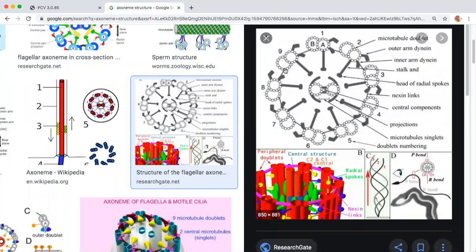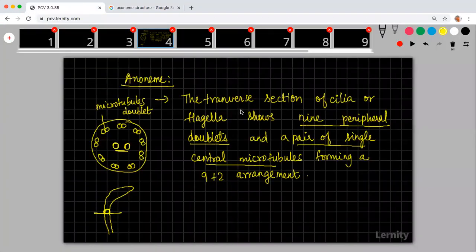Nine of these are arranged in the periphery and 2 microtubules are arranged in the central region. The ones in the central region are not doublets; they are only singlets. Singlets means 1 and 1. So this kind of arrangement is called a 9+2 arrangement. Are we able to understand? So this is the first point.